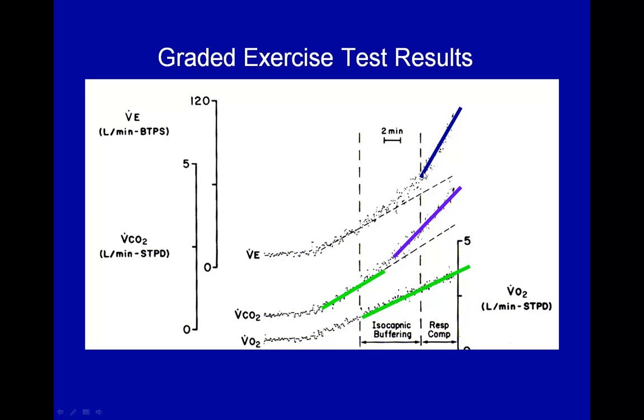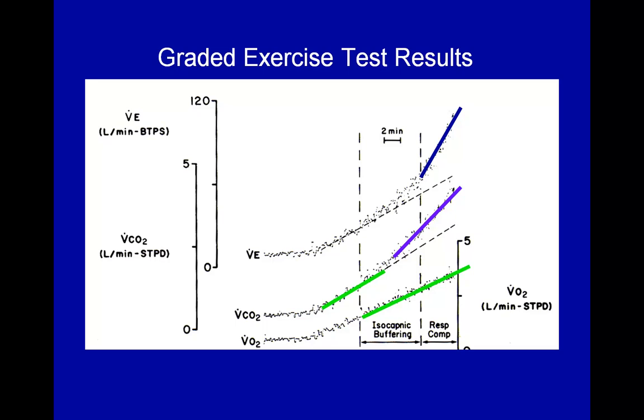And if you think back to our acid-base interpretation chapter, we said that respiratory alkalosis compensates for metabolic acidosis. So during this respiratory compensation curve, when we have a dramatic increase in lactate accumulation, that lactic acidosis has to be compensated by a respiratory alkalosis.